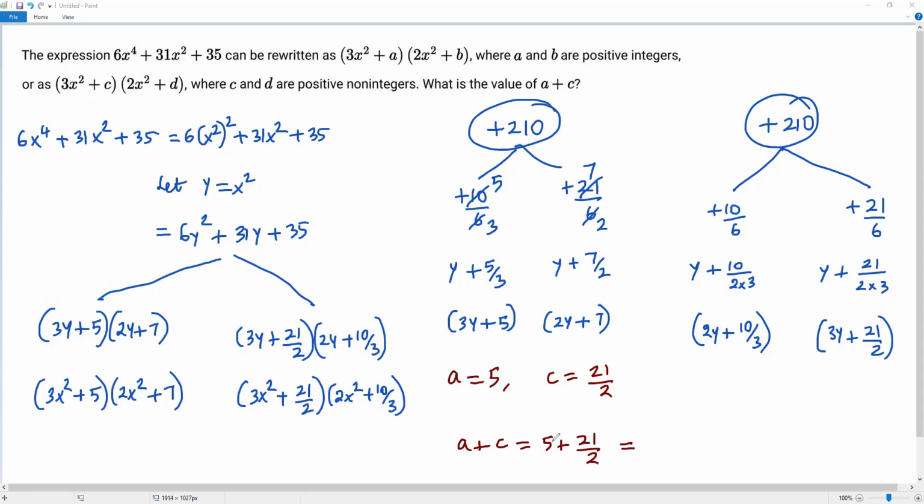To add this integer and fraction, we multiply the denominator of the fraction by the integer: 5 times 2 is 10. Then we take 2 as a common denominator. 10 plus 21 over 2 is equal to 31 over 2, or in decimal form, 15.5. Therefore, the value of a plus c is 31 over 2 or 15.5.